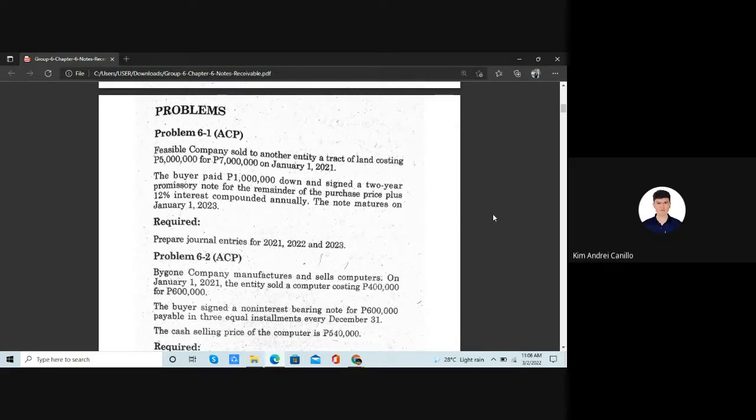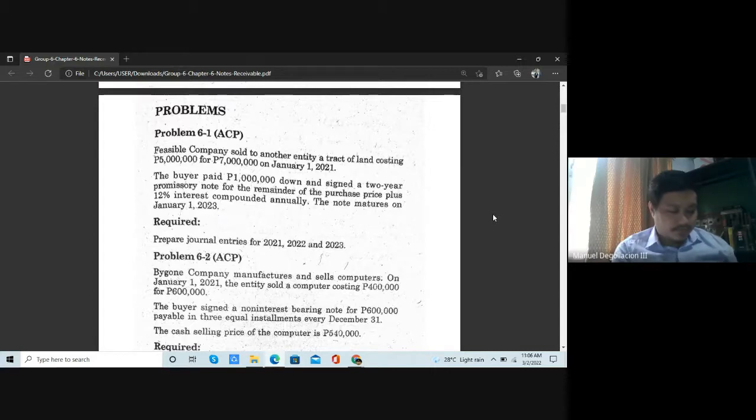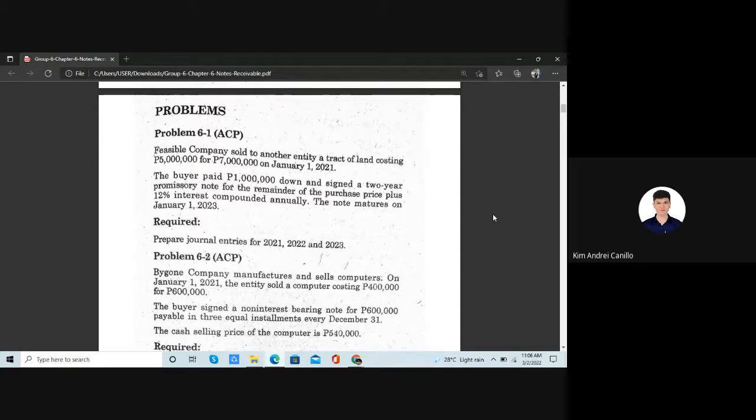Good morning, sir. For the entry, I will state the value, the journal entry itself, sir. For 2021, cash will be 1 million, sir. The notes receivable will be 6 million. Land will be 5 million. Then gain on sale, 2 million, sir.